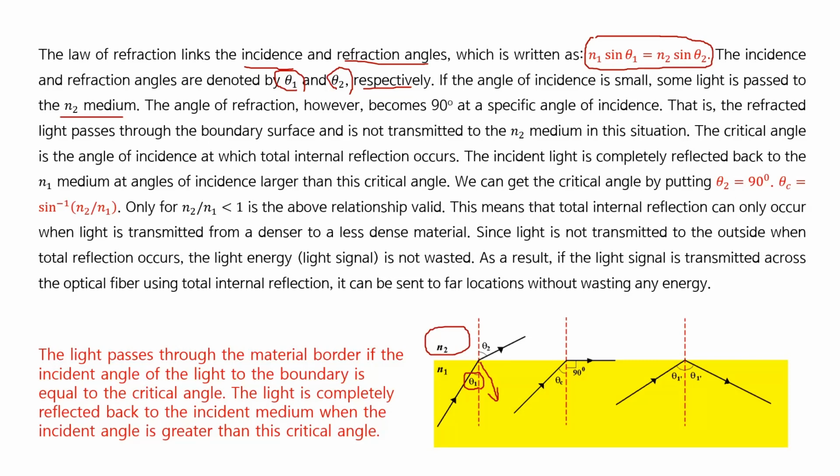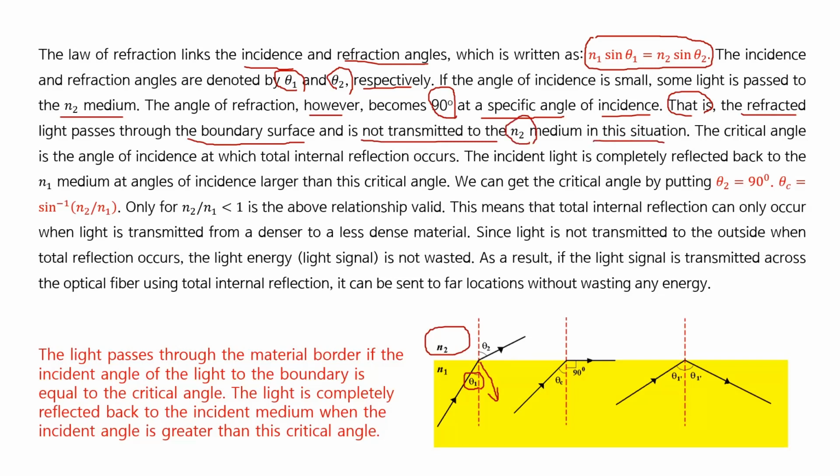The angle of refraction, however, becomes 90 degrees at a specific angle of incidence. This is called the critical angle. That is, the refracted light travels along the boundary surface and is not transmitted to the N2 medium in this situation.